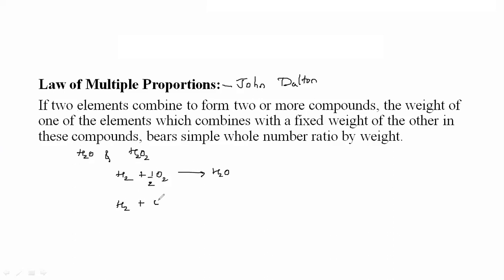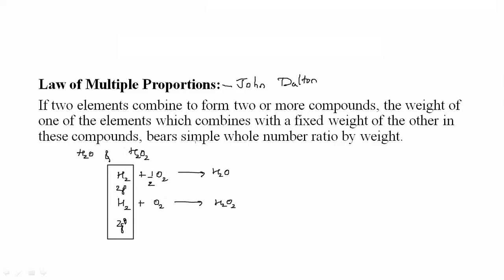Hydrogen combines with oxygen to form H2O2. So here the mass of one element is fixed, correct? Which is that element with fixed mass? It is hydrogen. Here it is 2 grams, here also it is 2 grams. So this is fixed.